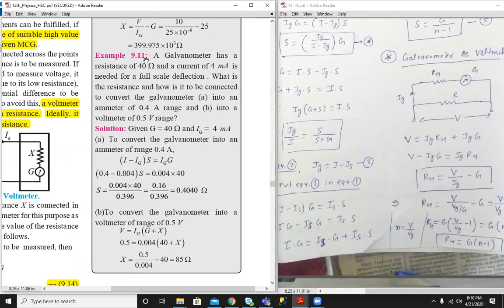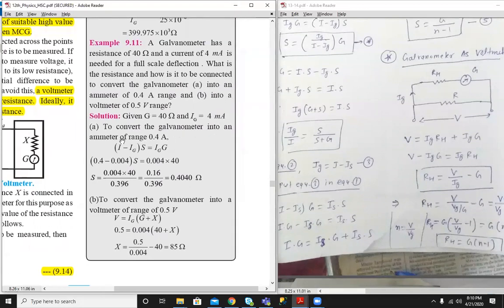So this is a 3 marks problem where you have to convert a galvanometer to an ammeter and a galvanometer into a voltmeter. So the required range of the ammeter is given as 0.4 ampere, so capital I is given, and the required range of the voltmeter is given as 0.5 volt. That is capital V. So to convert the galvanometer to an ammeter of range 0.4 ampere, a shunt is required. So all data is given.